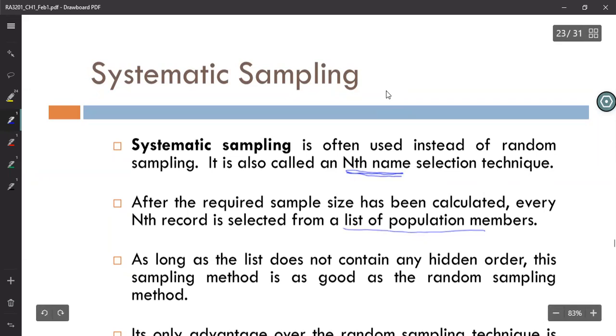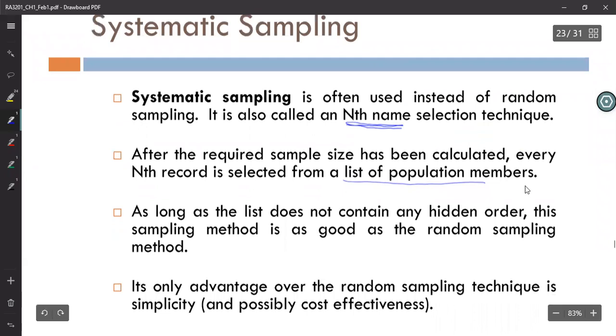Then you decide your sample size, and then you cover the whole list of the population and pick your sample by leaving a certain set of records in between. You pick the nth record and leave the rest of them, and you go for the next n plus 1th record. This is how we do it.